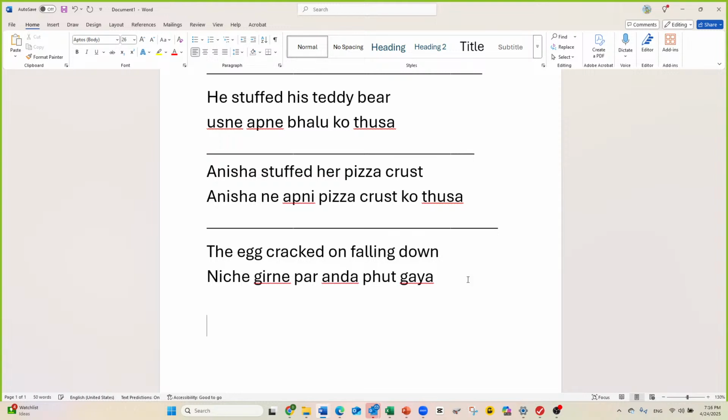Okay. Now let me give you another sentence. The tire cracked on the road.